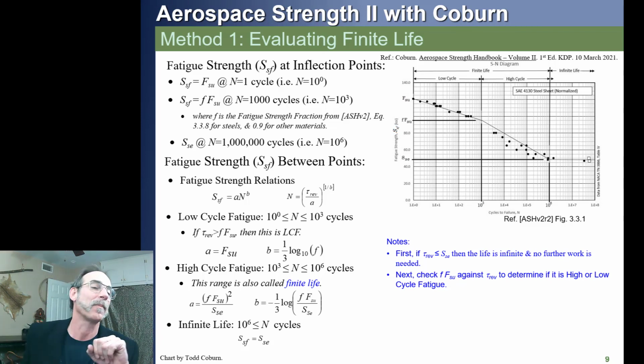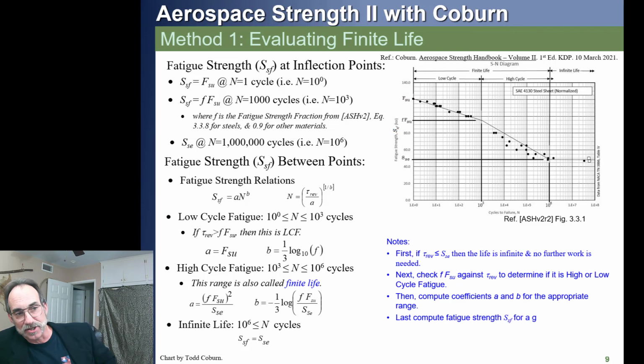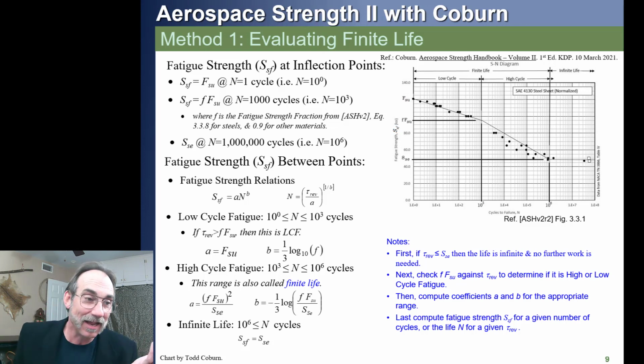Then we compute our coefficients using the appropriate equations. We can then calculate either our fatigue strength or allowable for the number of cycles that we need, or we can calculate the number of cycles that we're good for at that fully reversed stress level, using these two equations here.